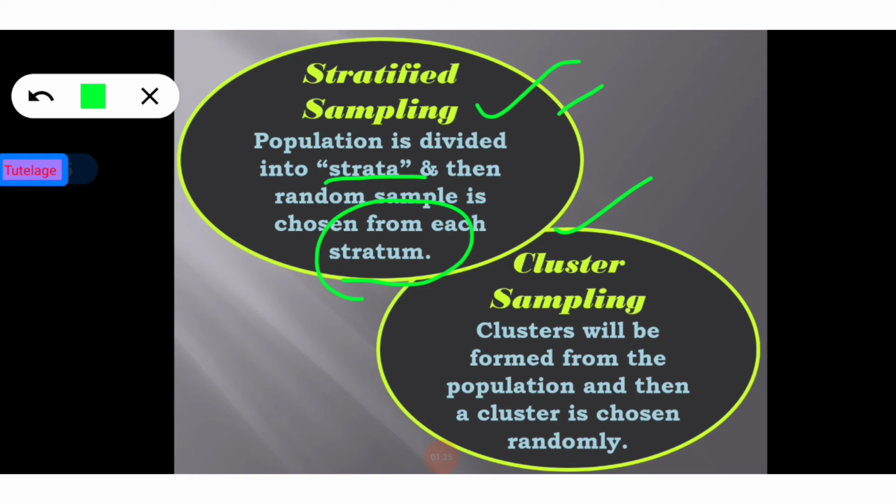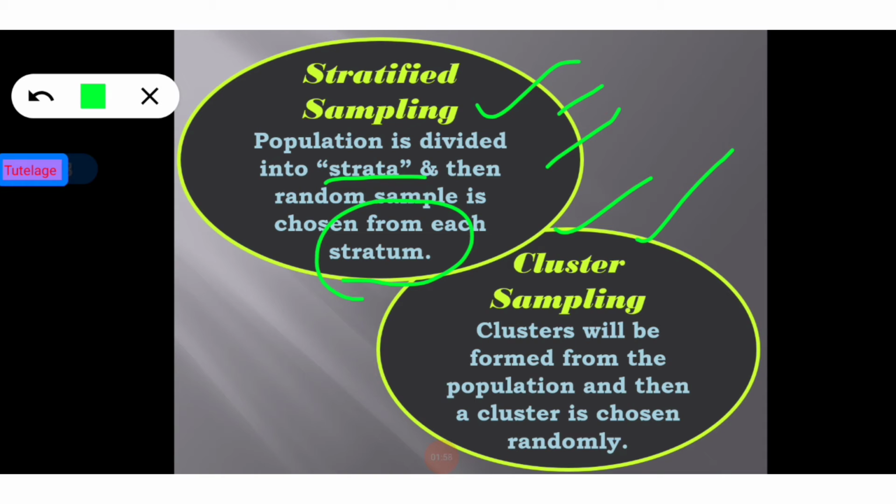The total people visiting the mall indicate the total population, and then they can be categorized into different strata based on age, gender, income group, occupation or educational level, etc. Then a random sample can be chosen from each stratum. That is known as stratified sampling. Now move on to the next one, that is cluster sampling.